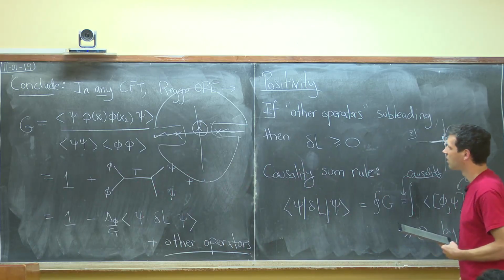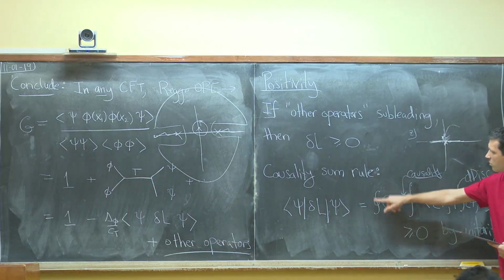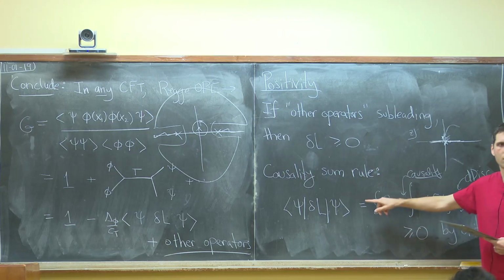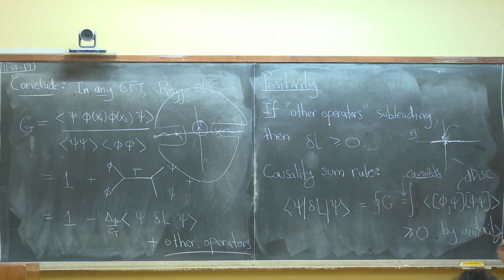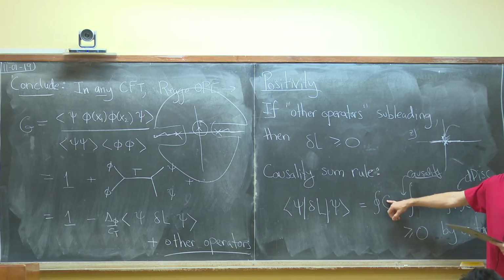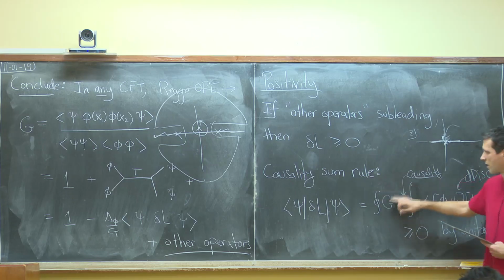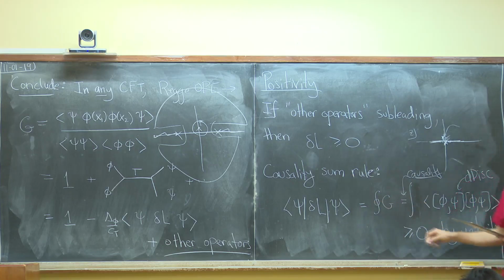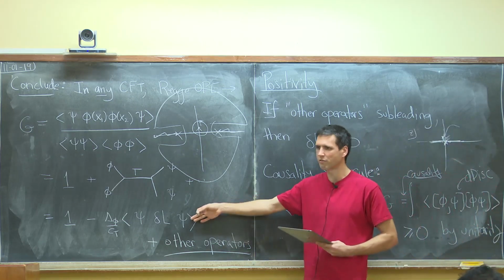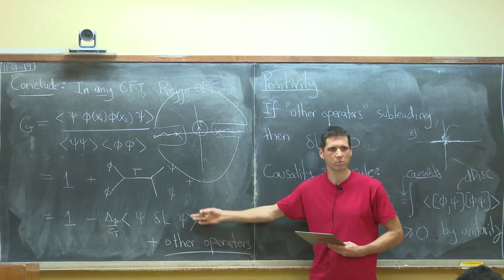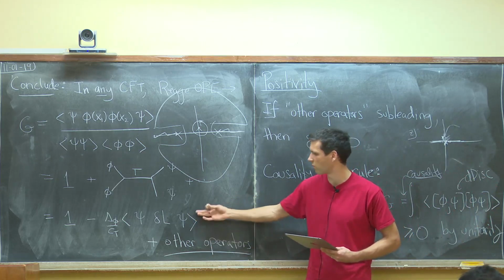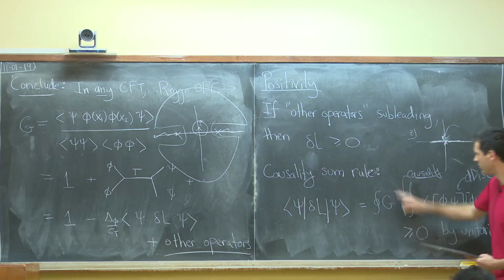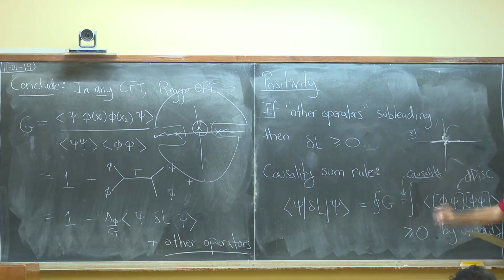Well, the important thing was that this was the dominant contribution to G. So if this operator is the dominant contribution to G besides the identity, then we can do this manipulation by doing contour integrals of G. If this expansion is badly divergent, or the other operators contribute similarly at the same order or higher, then this derivation will break down, and we won't be able to say anything about positivity.